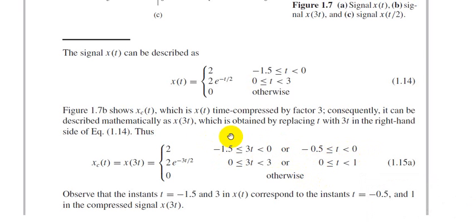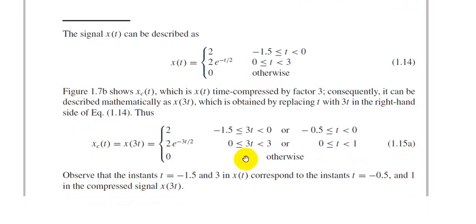That means after evaluating x of 3t by replacing all the t's by 3t in the original function, we get 2 e to the power minus 3t divided by 2 and 0 for the conditions, -0.5 is less than or equal to t is less than 0, or 0 is less than or equal to t is less than 1.